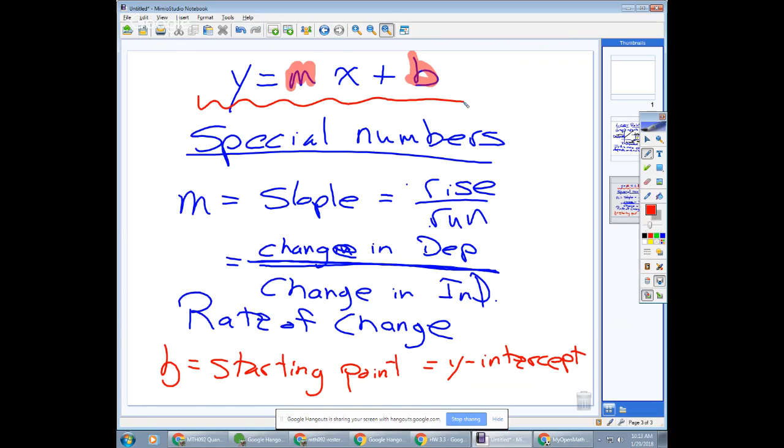And the other thing we've looked at is we've looked at tables of numbers. And there's a few examples of that in your homework.